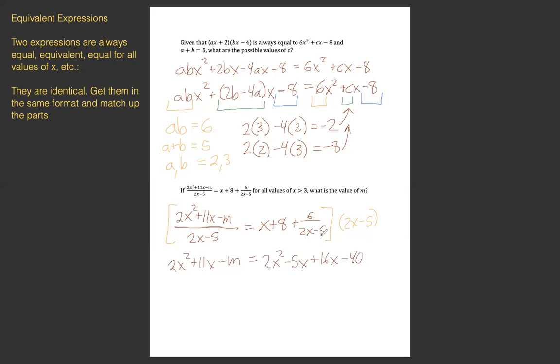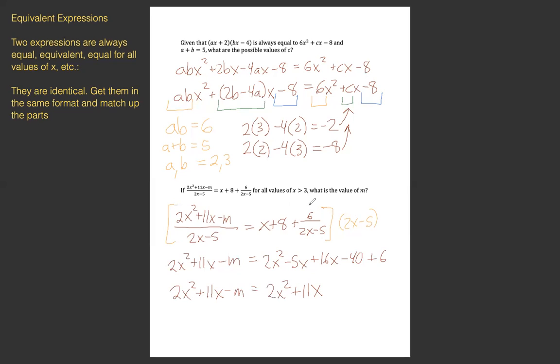And then here, the 2x minus 5s cancel, so we get plus 6. Okay, let's go one more line here. 2x squared plus 11x minus m equals 2x squared minus 5x, sorry, minus 5 plus 16, yeah, okay, plus 11x.